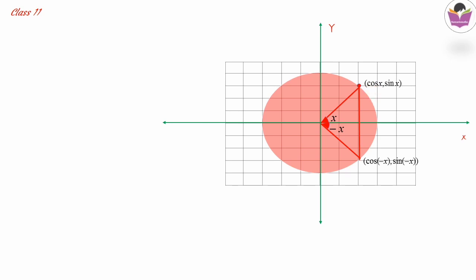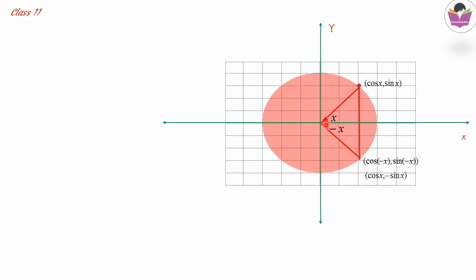That means for cos of minus x, if you consider this point, it can be written as this measurement. This positive value can be written as cos x. And if you measure this length from the x-axis downwards along the negative side of the y-axis, you will get a negative value. For example, if it is 0, 1, 2, 3, just for the time being I'm using these numbers.